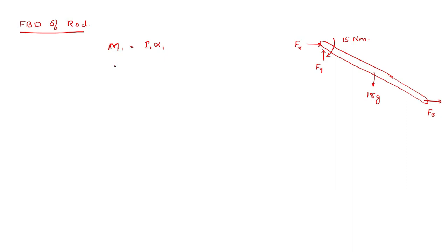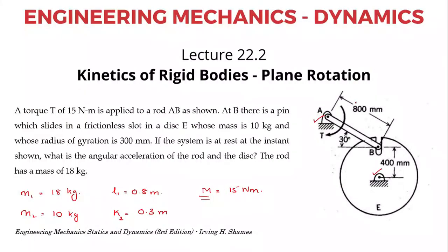Now I take the moments with respect to the point O here. Since 15 is in the clockwise direction, it will become minus 15, and then 18g will also cause a clockwise moment, so minus 18g into the corresponding perpendicular distance between point O and 18g. It is given that the angle is 30 degree here.